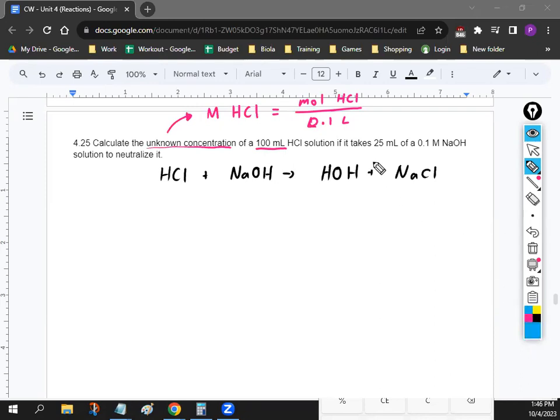So what we're going to do is take the remaining numbers that we have. We got 25 mils of NaOH, and we have 0.1 molarity NaOH. From there, you guys should see it's pretty similar to what we just did. We're going to take the molarity of NaOH and use that to find the moles of NaOH.